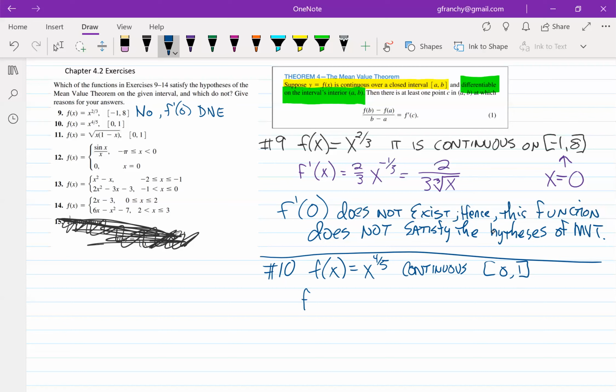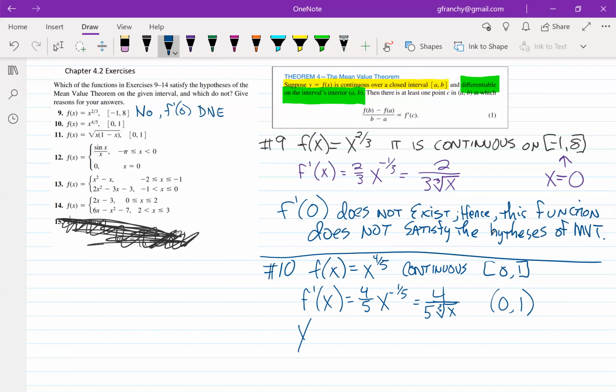And if we take the derivative, that's going to be 4/5 x to the negative 1/5, which is going to be 4 over 5 times the 5th root of x. So we still have a potential issue, but we only need to be differentiable on the open interval. So we would never be called upon to evaluate the derivative at 0 here.